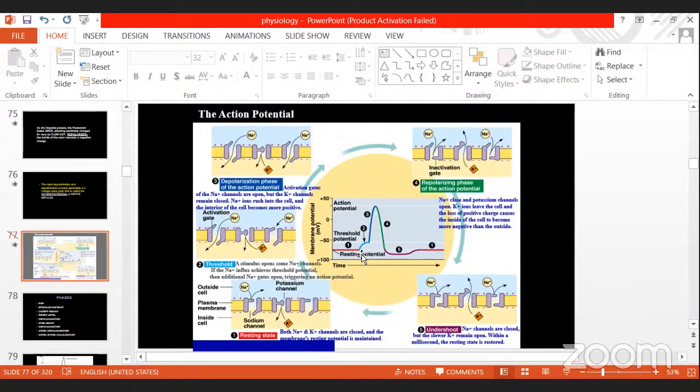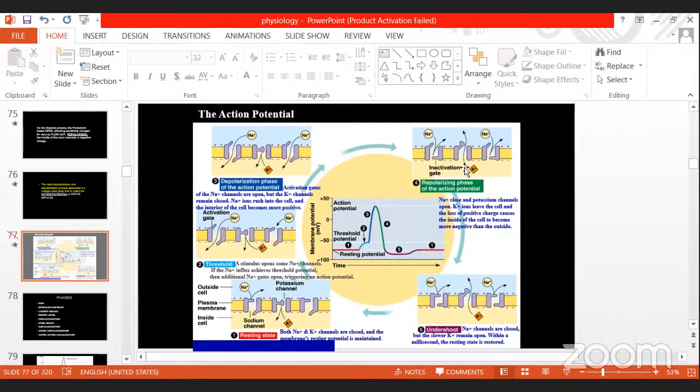Once it reaches the minimum requirement, so many sodium channels will open, and that causes the depolarization, activation of the gates of the sodium channel. The potassium gates are closed during this period. Only sodium channels are opening, so the sodium ions are moving inside the cell.